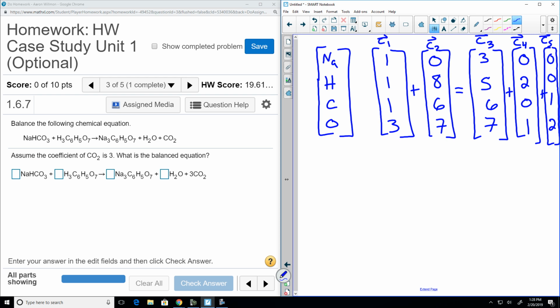And we're going to write that as one vector, we'll call it x. So we'll say x1, x2, x3, x4. Let's go ahead and throw an x5 in there. Even though we know it's 3, let's just see what happens.